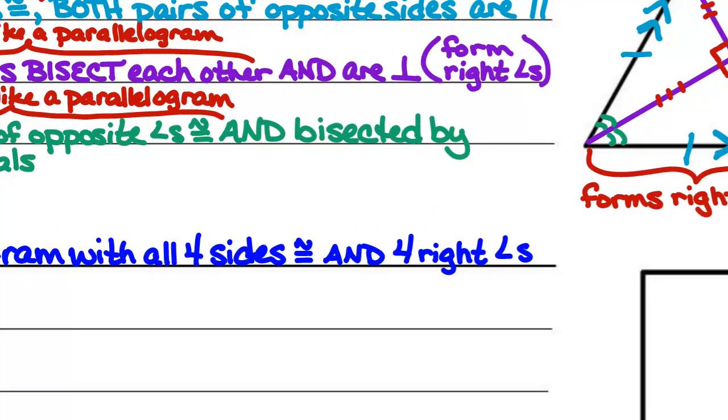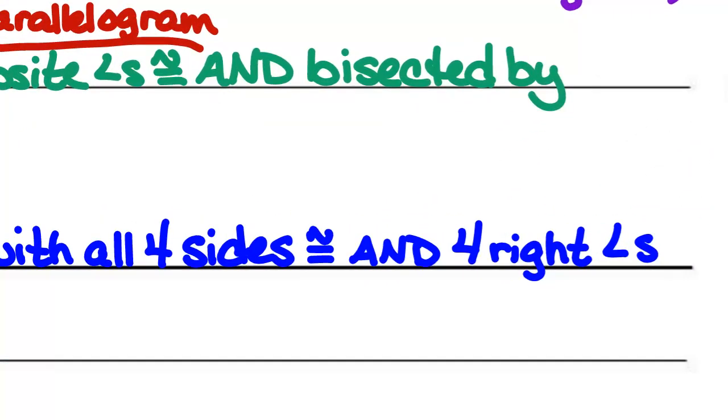So squares are kind of a mashup of three different shapes. It's a special type of parallelogram.